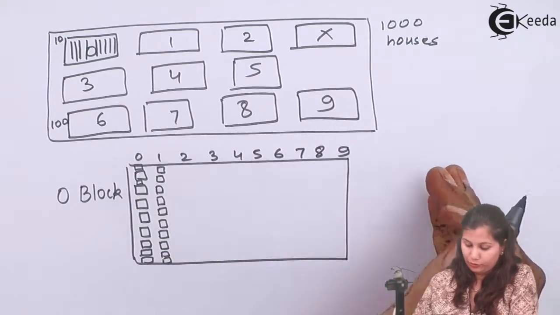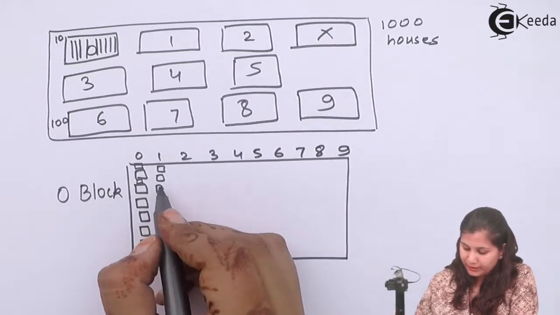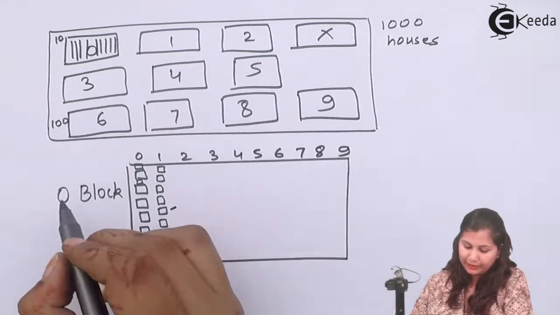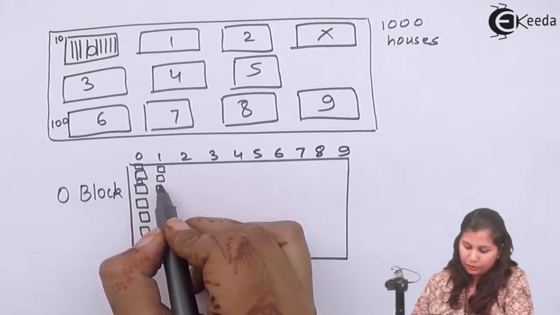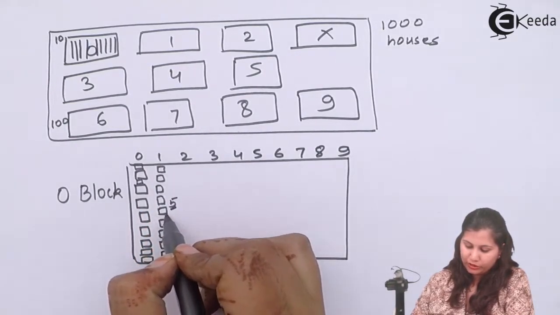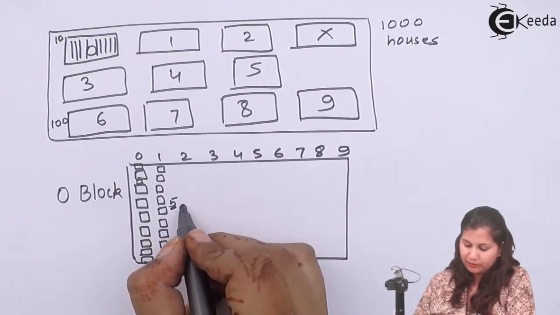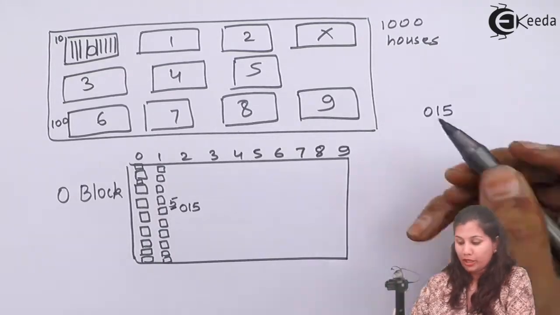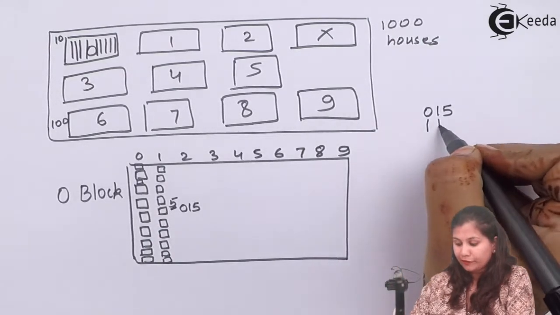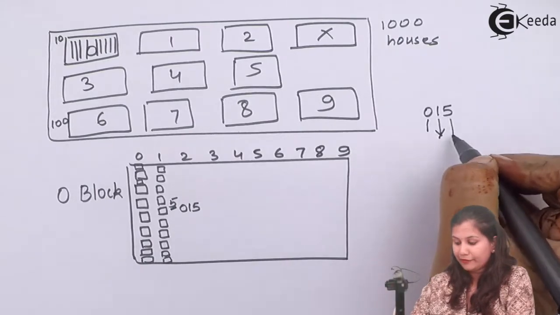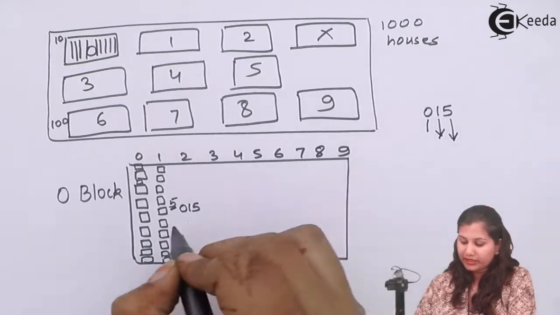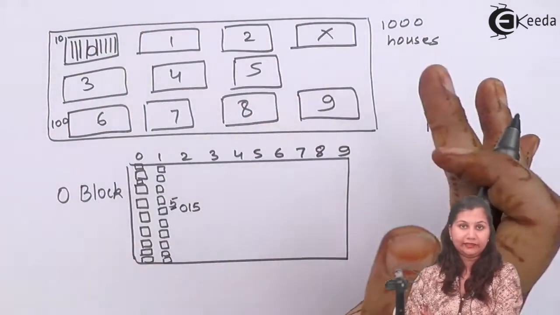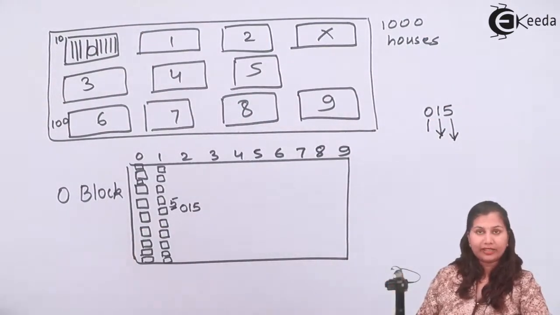We have to go to the fifth house in the first row, whose address will be 0, 1, 5. So this house has the house number 015: 0 block, first row, and fifth house. In this way we can identify houses which are identical with each other.